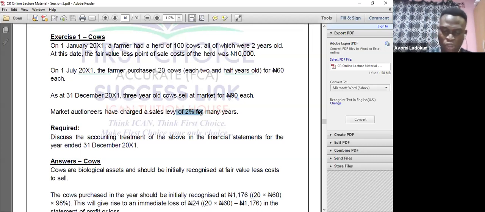So if I look at the 2% of 10,800, or I simply say 90 multiplied by 120 multiplied by 98%, it's still the same. It depends on your skills when it comes to mathematics.